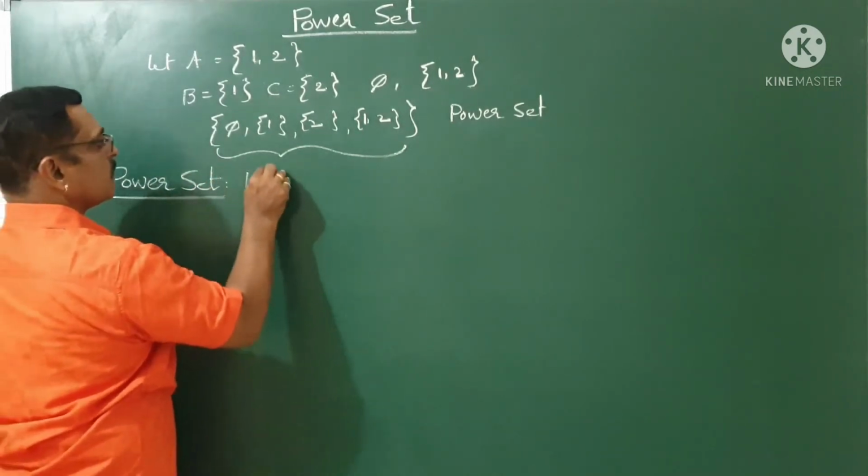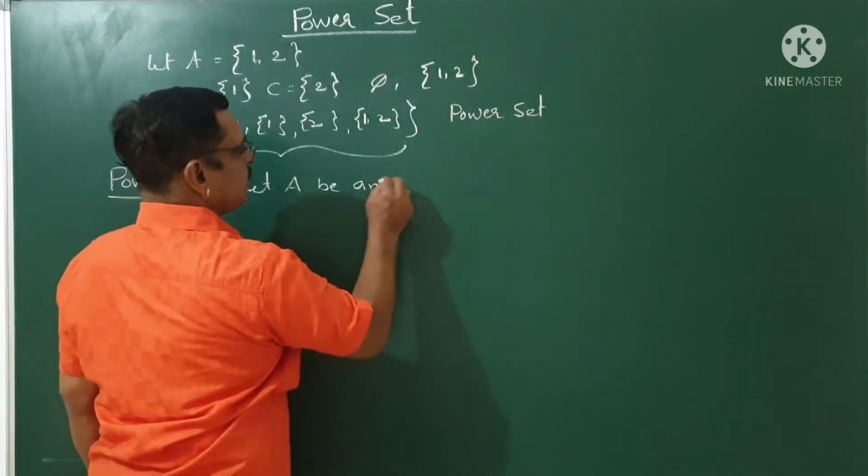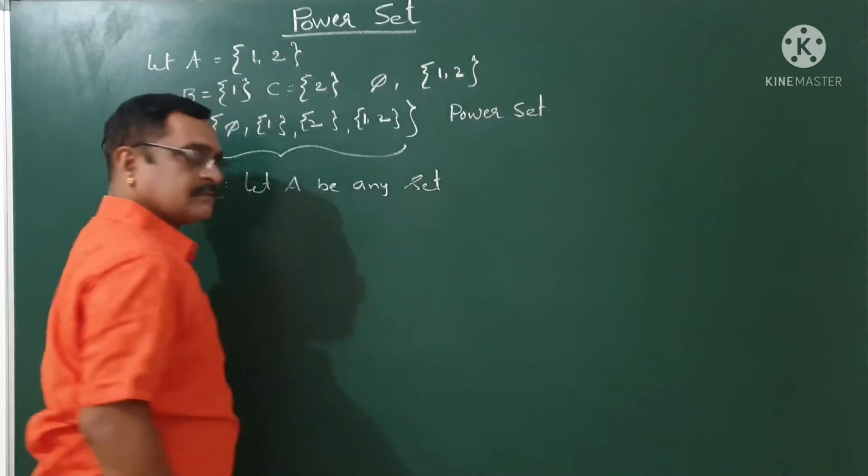Power set. Definition. Let A be any set.